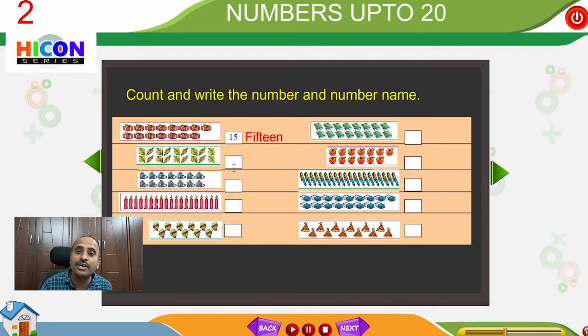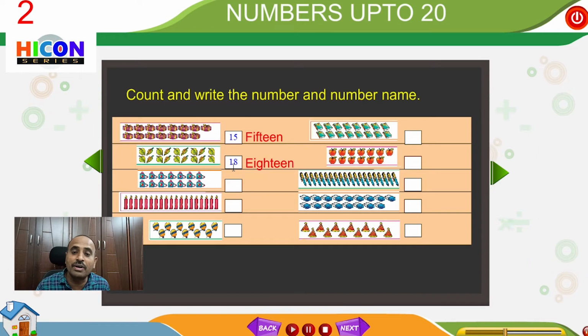So how many leaves are there? A total of 18 leaves are there. So we have to write 18 here. The number 18 can be written like this, and the number name for 18 is EIGHTEEN. So this is the number name for the number 18.